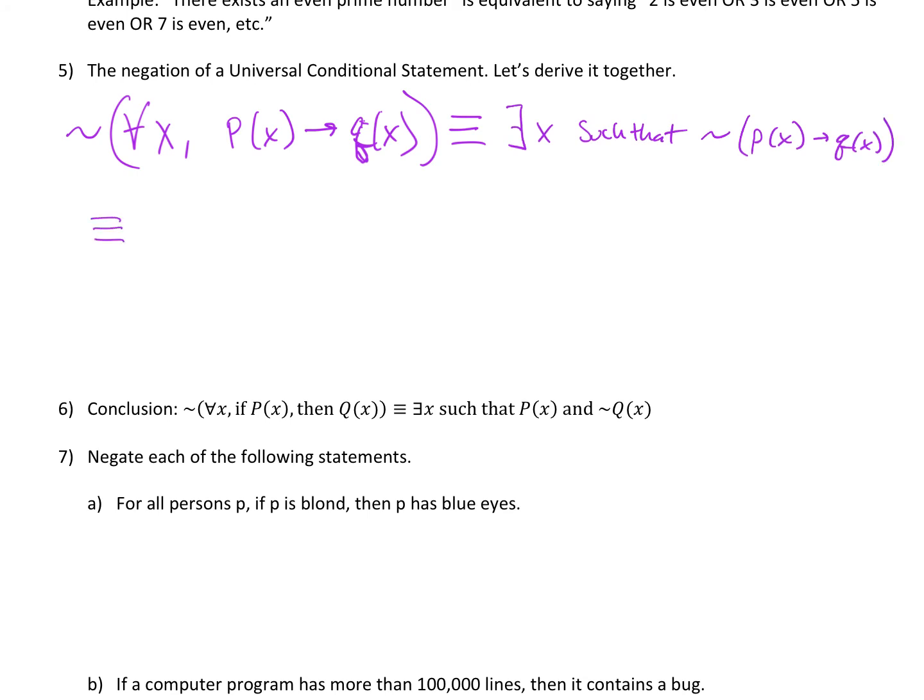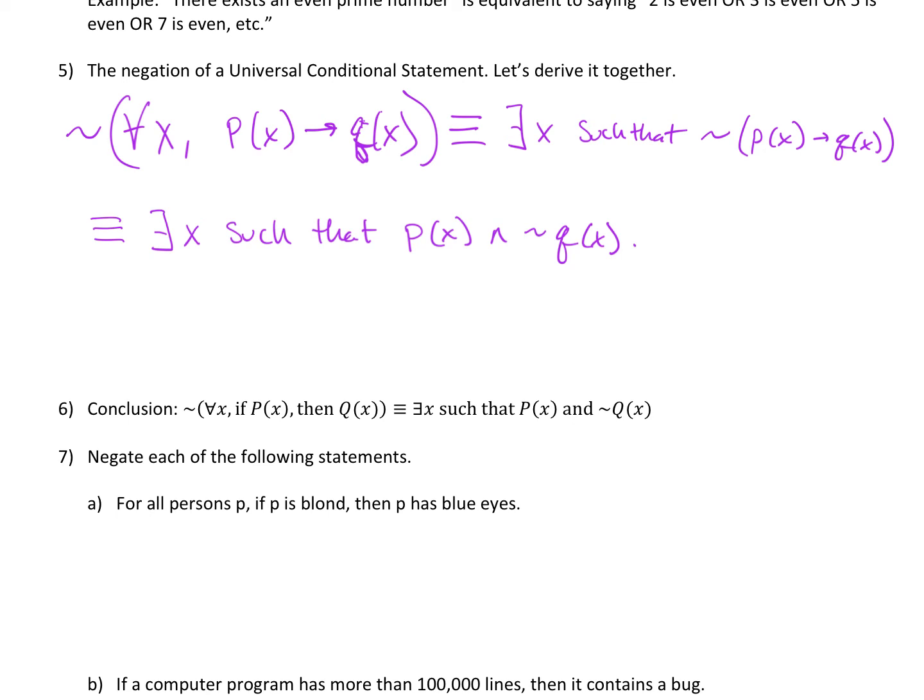But remember, we've studied the negation of a conditional in a previous lesson. The negation of p of x implies q of x is p of x and not q of x. Okay, so we have there exists an x such that p of x is true and not q of x is true.